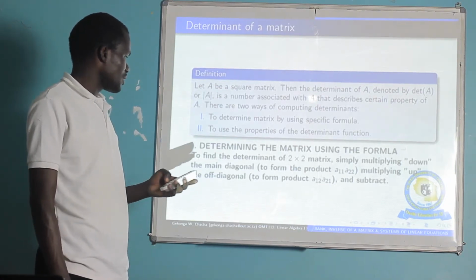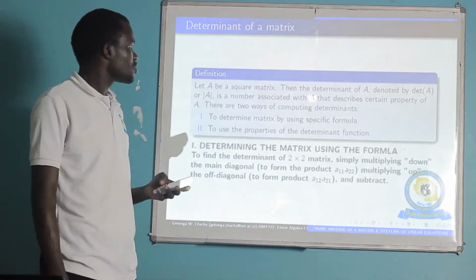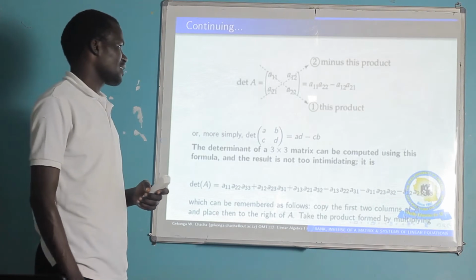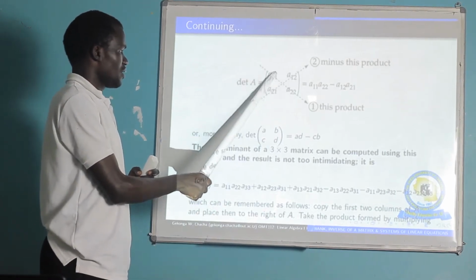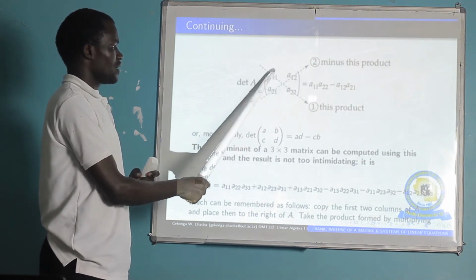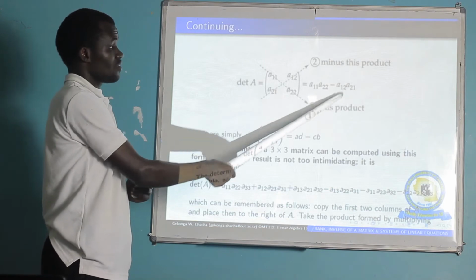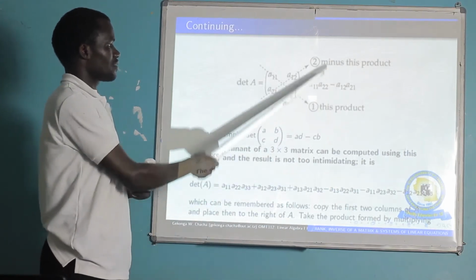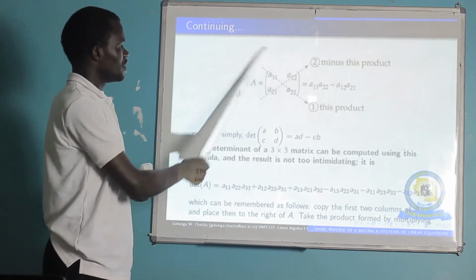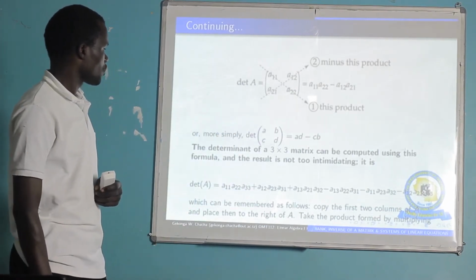Okay, using a formula. Let's say we are going to find the determinant of a 2 by 2 matrix. We multiply this entry and this entry, and we obtain this product, and we multiply this entry and this entry, and we obtain this one. Then we subtract, as described in this sketch here.